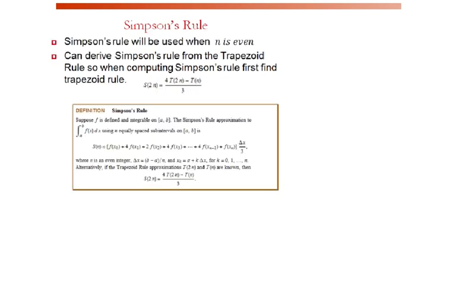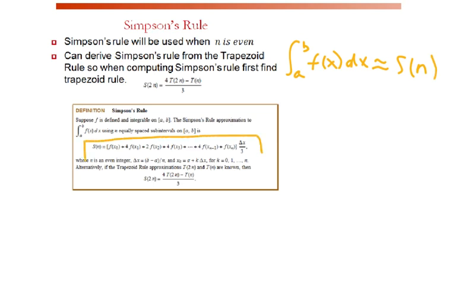Now, the rule itself, you really do need to recognize a pattern. So this is, right, you're approximating with Simpson's of n. So the rule for Simpson's is right here. And you'll notice that your coefficients, you start out with f of a. So let me paraphrase it a little bit here for you.